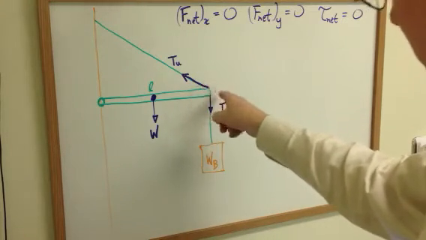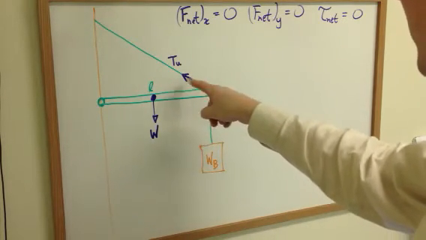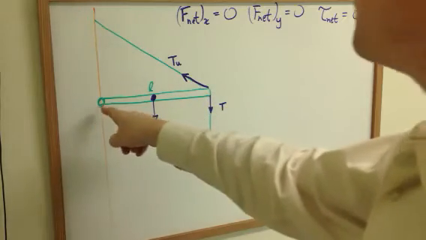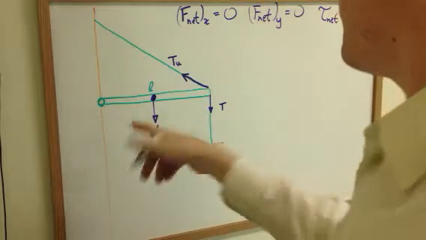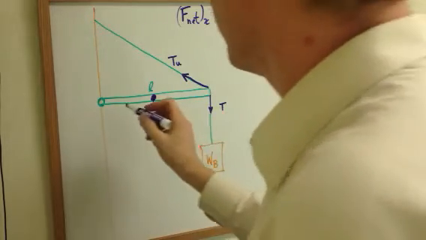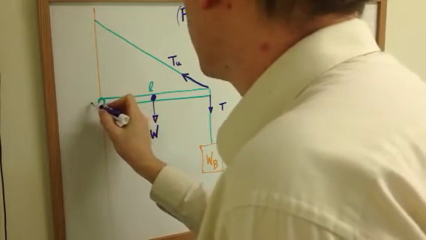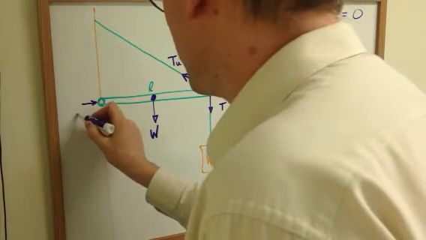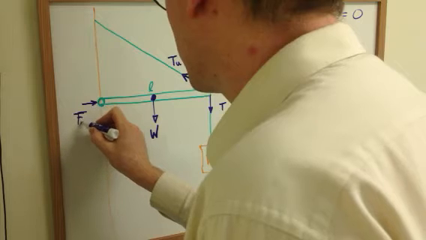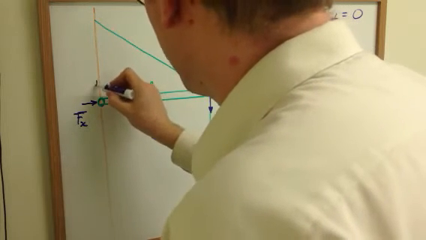So there are 2 points of contact here, opportunities for pulls. There's a point of contact here at the pivot point, and there are forces here. I don't know what they are, but there's a possibility for a horizontal force, and there's a possibility for a vertical force.